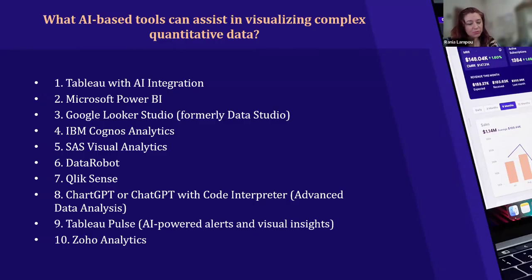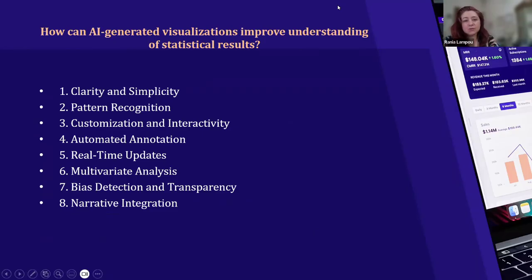So we have amazing tools that we should use also ethically and with caution, and generated visualizations, of course, improve understanding of statistical results because they help with clarity and simplicity, with pattern recognition, with customization and interactivity, with automated annotation, with real-time updates, multivariate analysis, because we can handle high-dimensional data and produce visualizations like heat maps or PCA plots or multidimensional scaling, aiding this way in the understanding of relationships across many variables.